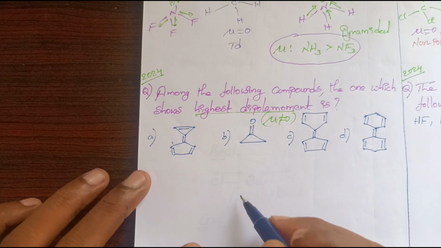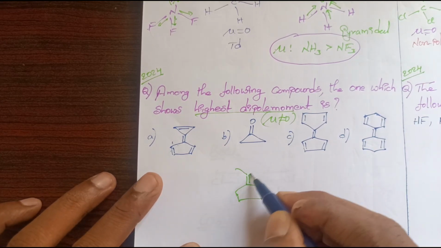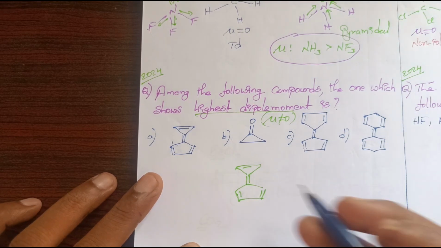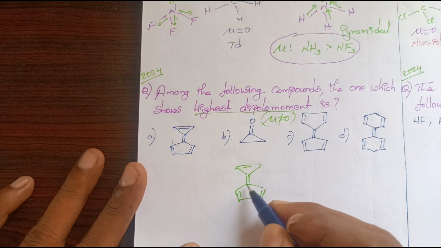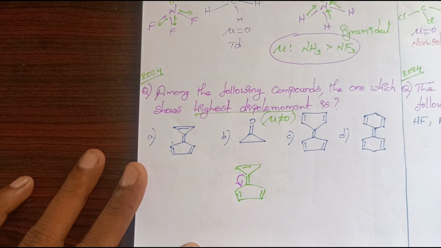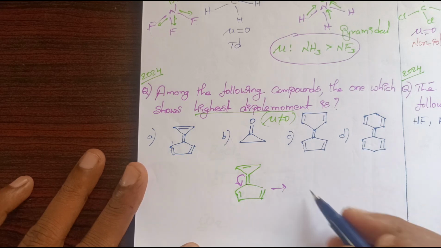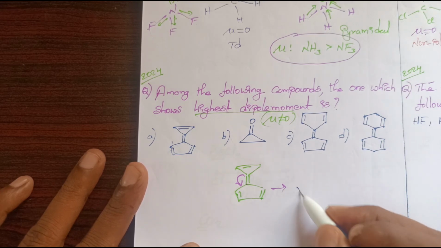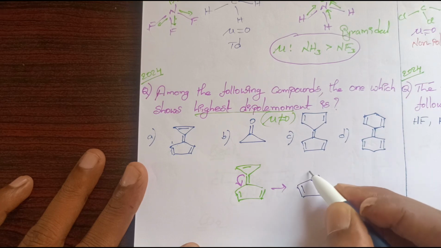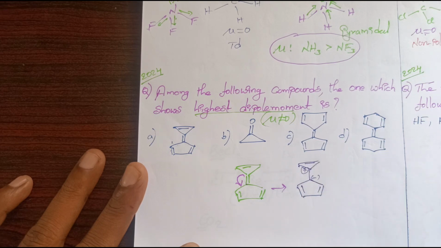Look at the first molecule, with the double bond; the molecule exists like this. I am shifting this pi bond towards this direction. After shifting towards this carbon atom, in the resulting 5-membered ring, this carbon gets a negative charge and this carbon gets a positive charge.